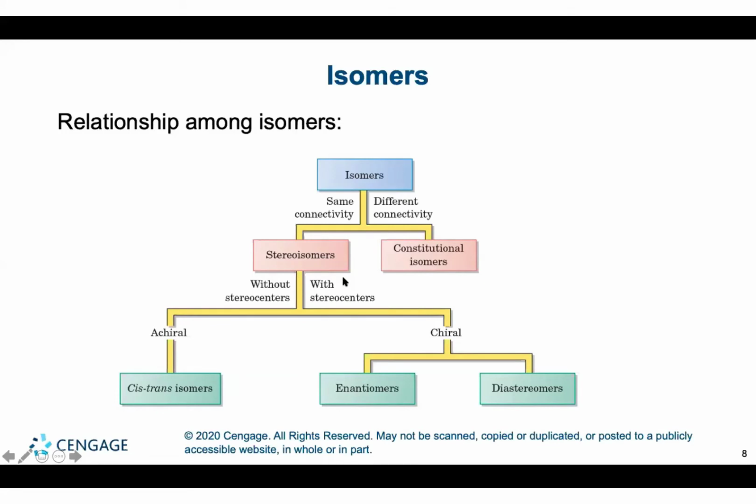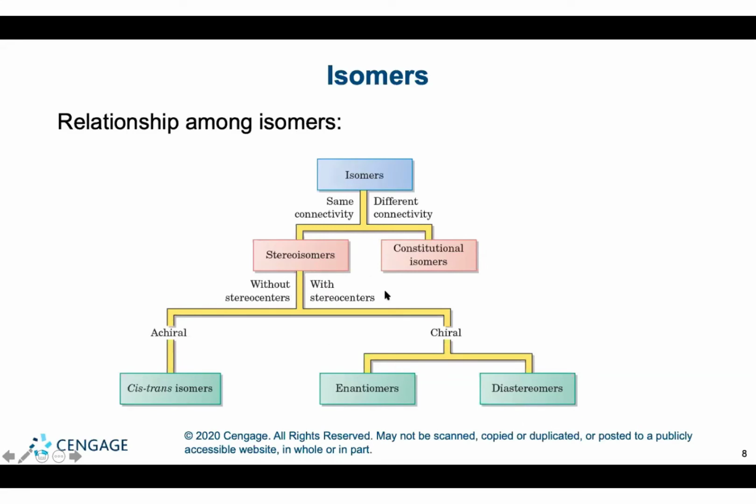If the molecule has a chiral center, as we said, we call it a stereocenter, so it becomes chiral, and we should name it based on its characteristic. We should distinguish it from enantiomer or diastereomer.